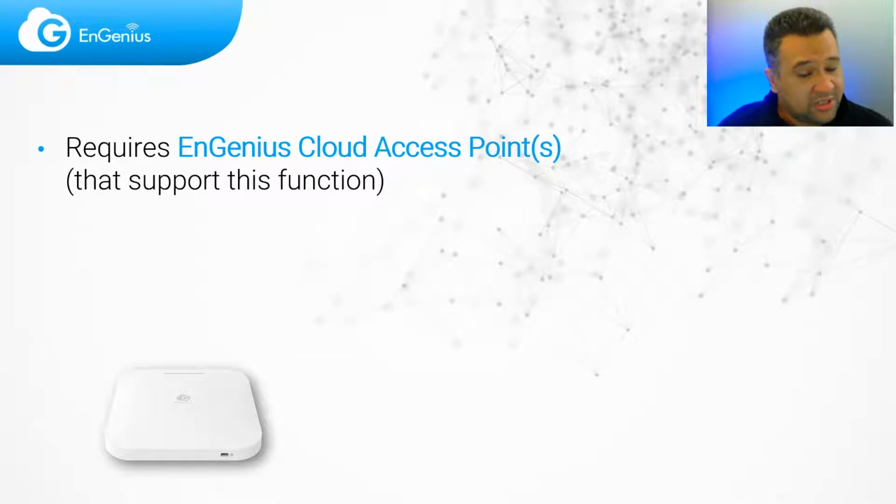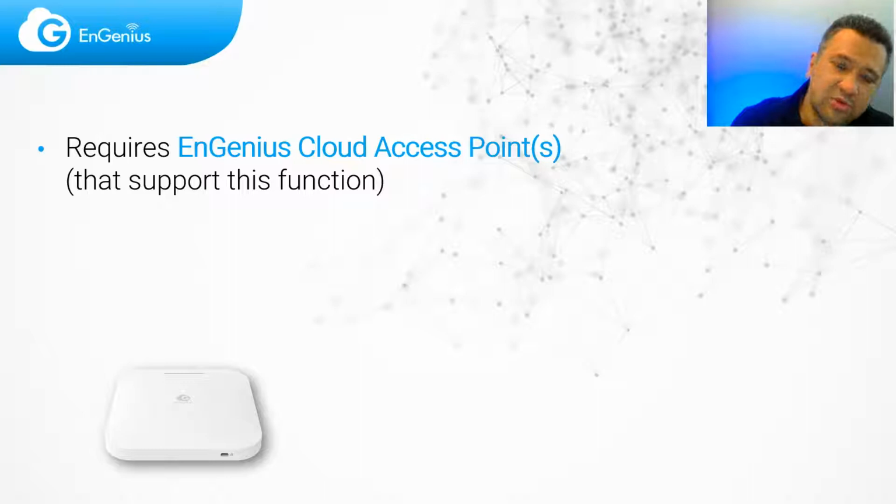The first thing that you need is an EnGenius cloud access point. And at this moment, we are the only one who is supporting this. Facebook Wi-Fi is supported by many vendors, but Facebook is actually changing and upgrading this system.